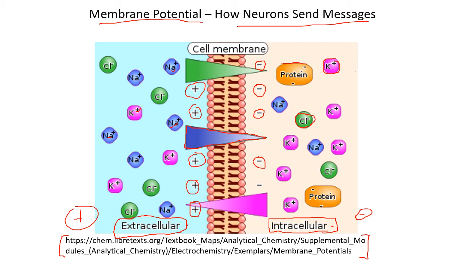And so often what we'll see is when we're about to send our signal, these channels open up, and what we end up with is a lot of, in particular, sodium, which we see on the outside, that is going to want to flood into the cell. So we get a bunch of sodium passing through these channels that are now open.